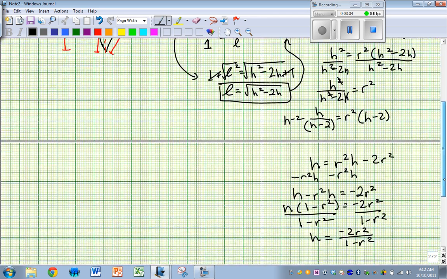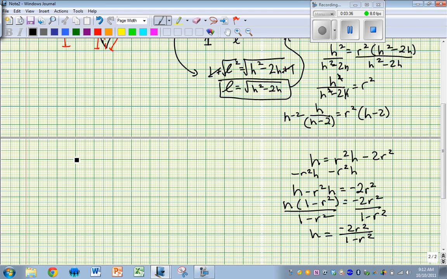So let me just do it down here. So I have, again, like I said before, my volume equation in terms of r equals 1/3 pi times the radius squared times my height, which is negative 2r squared over 1 minus r squared.